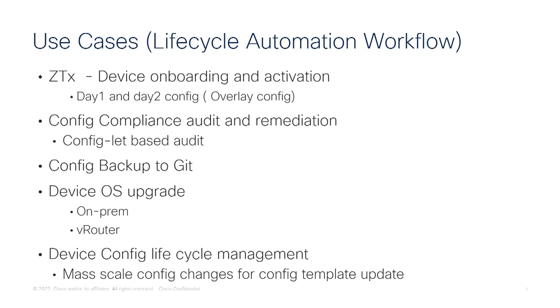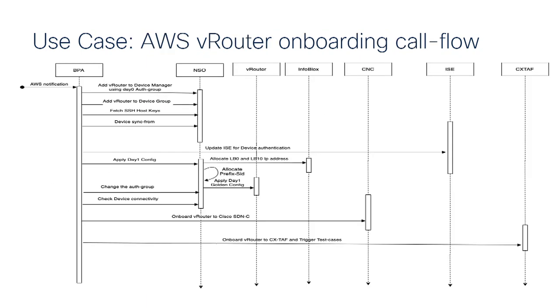Okay, so this is the high level of how the vOrder onboarding call flow works. We have an AWS notification, and the BPA workflow gets triggered by that notification. In the backend, there are Lambda functions that monitor all the events from the vOrders as a vOrder is getting instantiated.